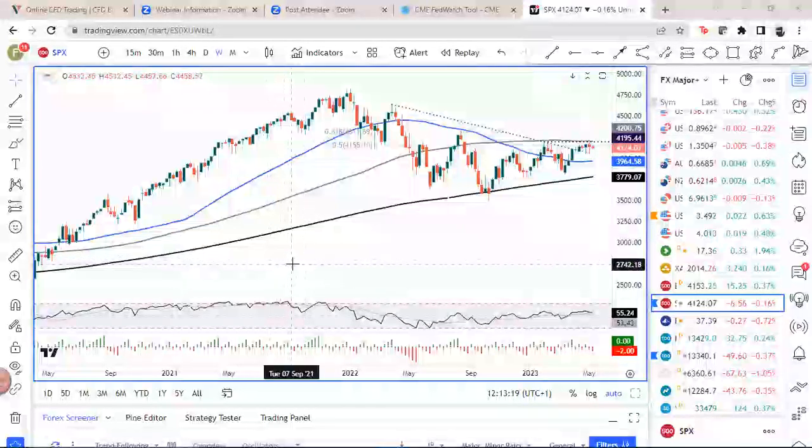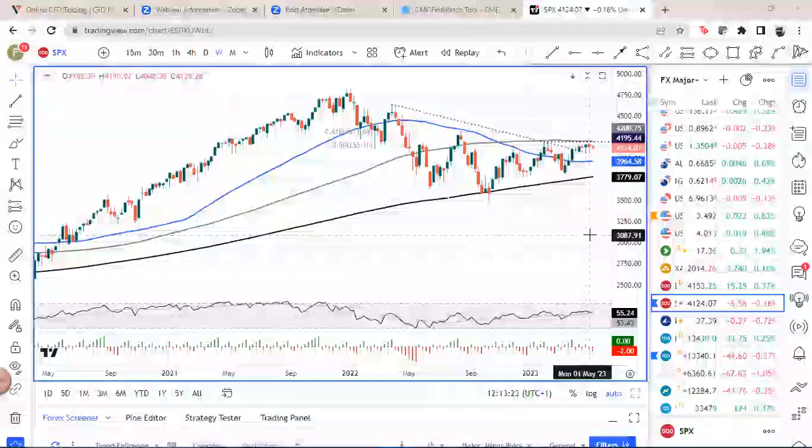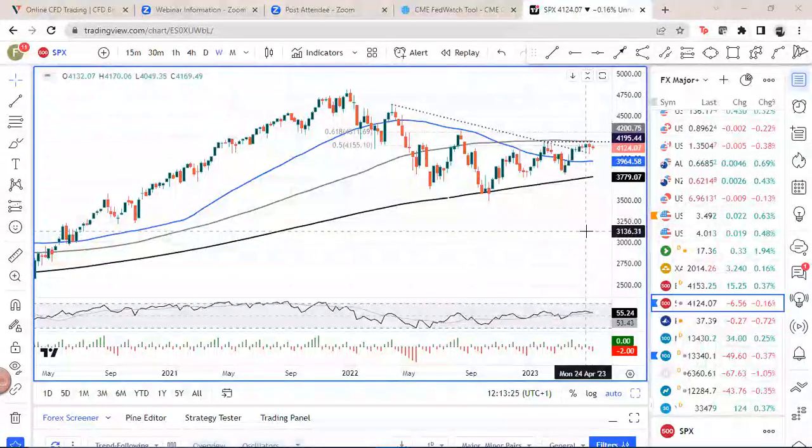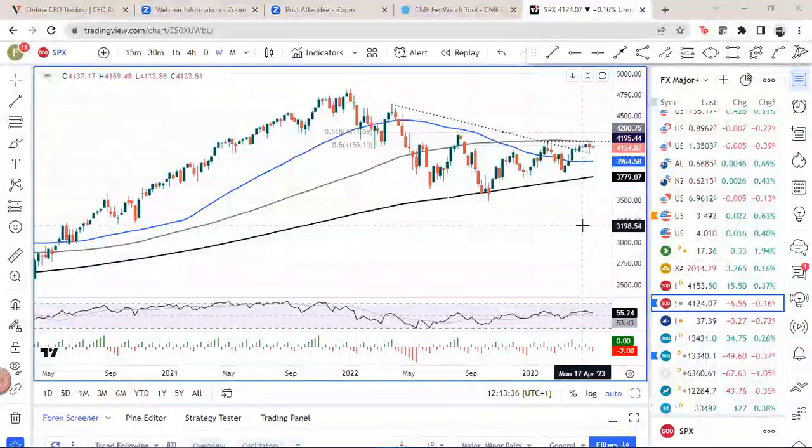Closer to home again, S&P 500, we've got the weekly chart here for technicals. You can see a very, very narrow range for last week. It was the smallest 5-day range since mid-November of last year.